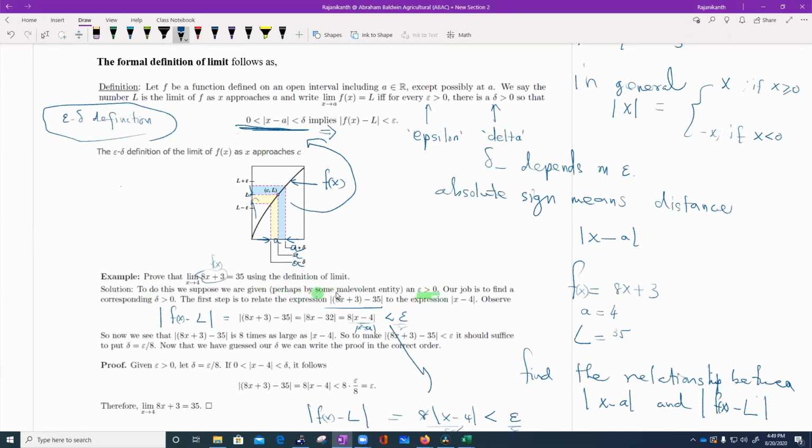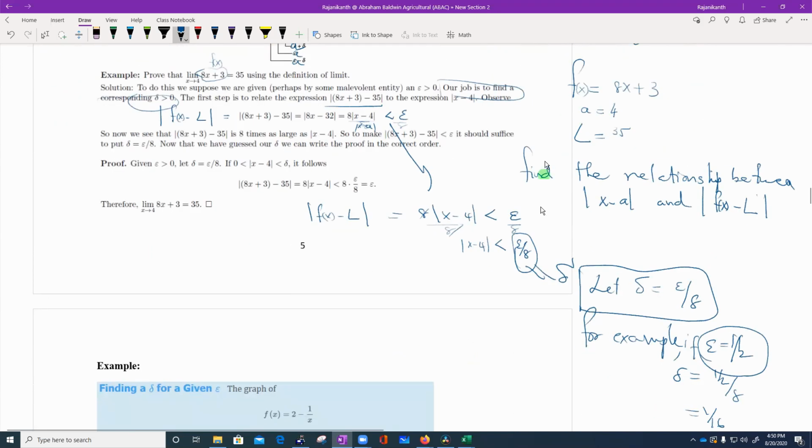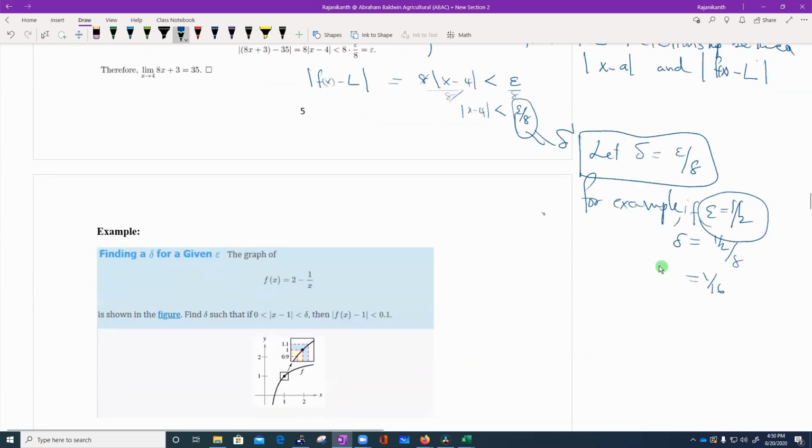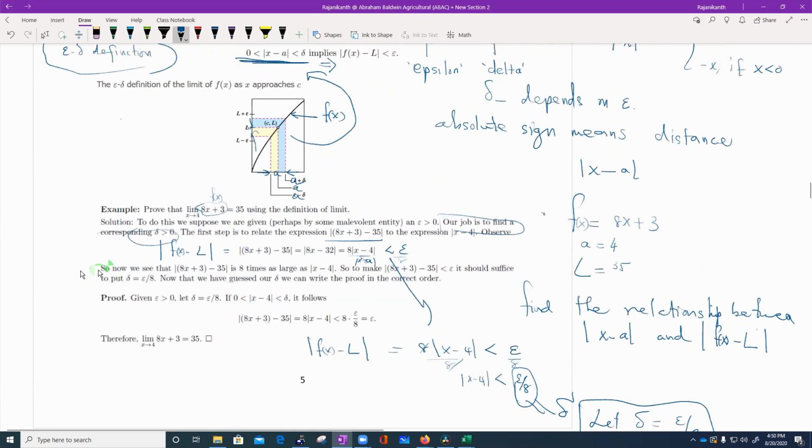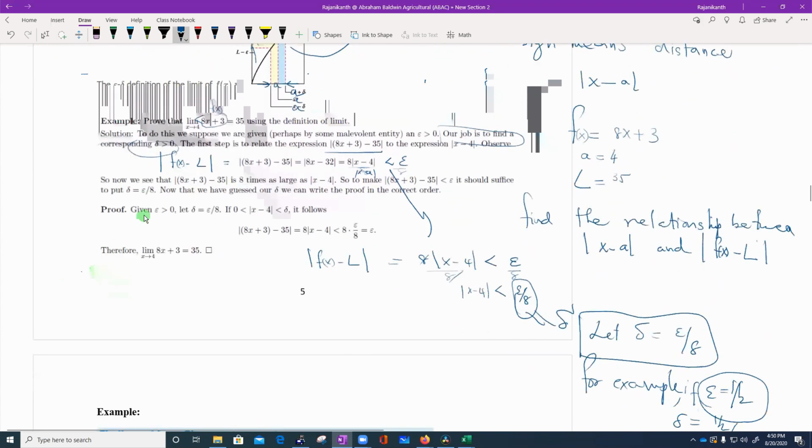Read this: your job is to find the delta. This is all scratch work, finding delta. So now I have some idea: the delta should be epsilon over 8. Now go back and do the proof. This is the proof.